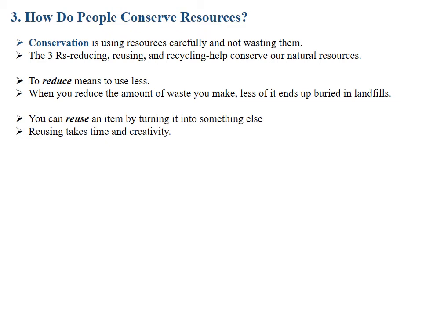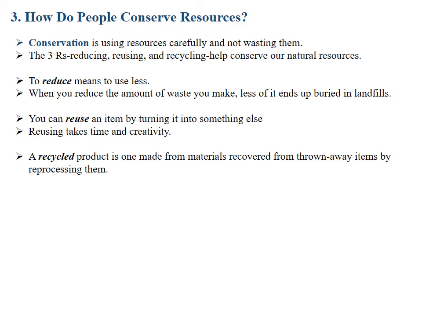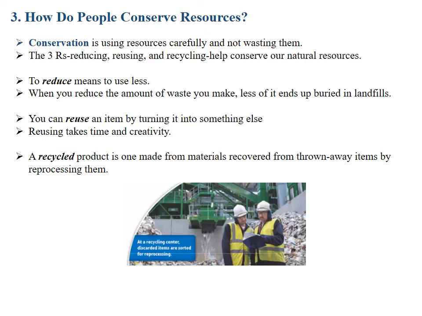Reusing takes time and creativity. A recycled product is one made from materials recovered from thrown away items by reprocessing them. Your backpack, for example, could be made from recycled plastic bottles. Now in this picture, we can see that at a recycling center, discarded items are sorted for reprocessing.